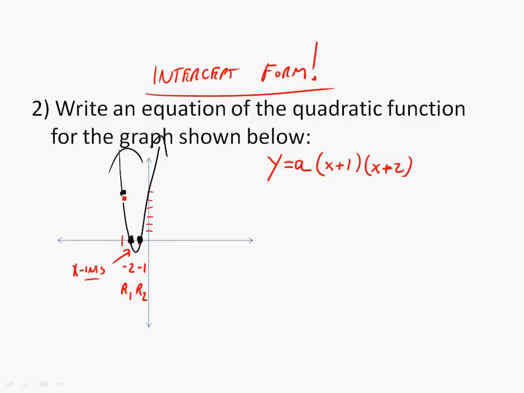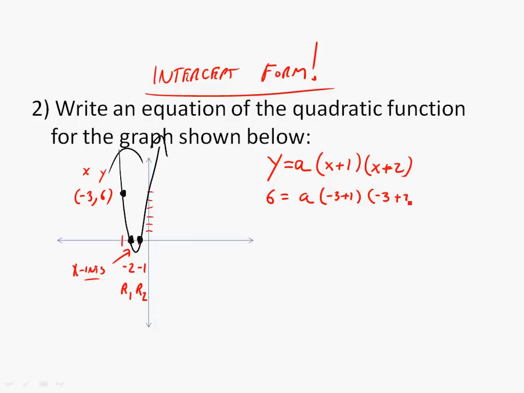I also notice I have this third point marked here, which is located at -3, 6. That gives me an x and a y value. And again, since I now know 4 out of the 5 variables, I can just substitute those in, and then I'll be able to find my a value.